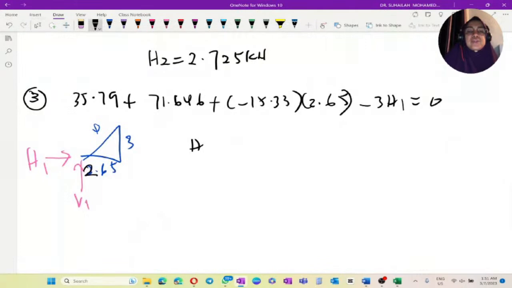So H1 is equal to 35.79 plus 71.646 minus 15.33 times 2.65, and we divide by 3.